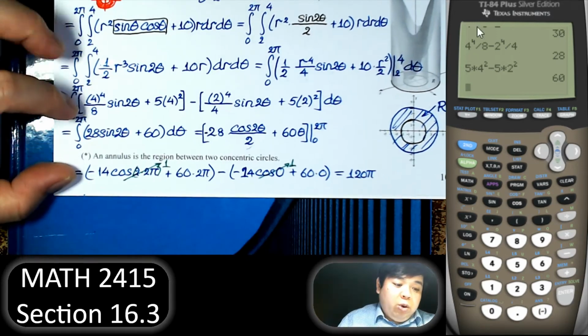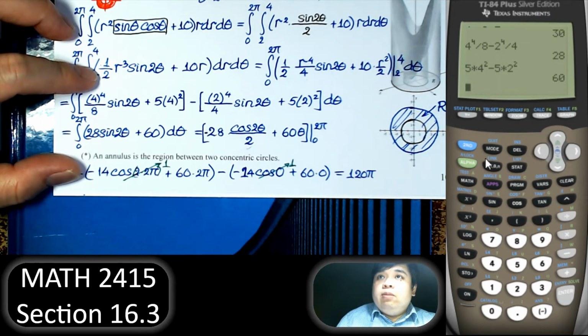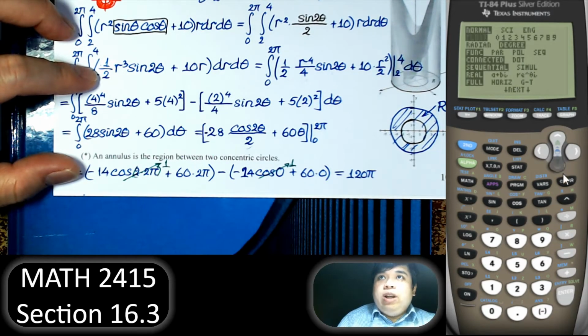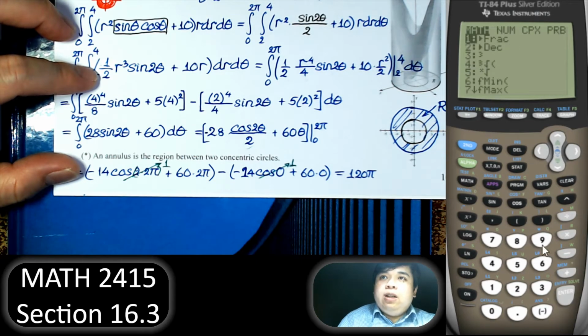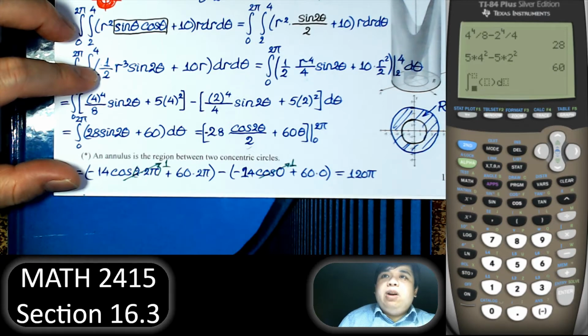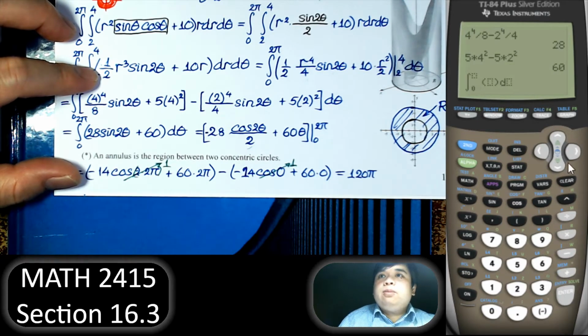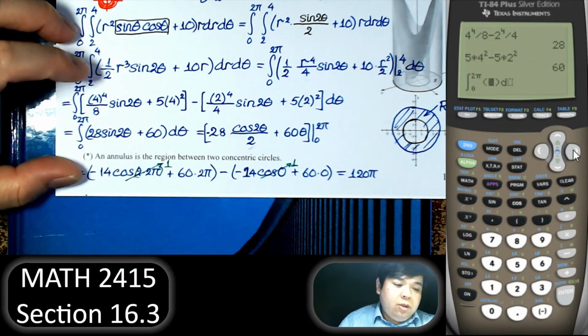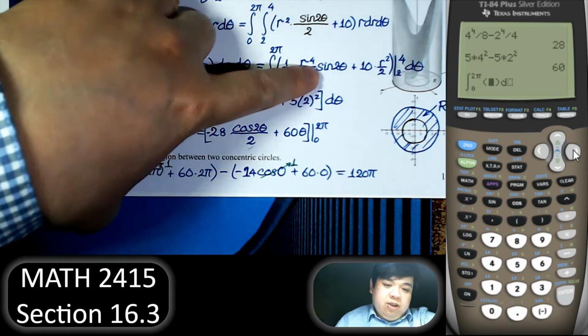Right, let's check real quick. First I will change to the radian mode. And I evaluate the integral from 0 to 2 pi. You can enter any of this if you want to.